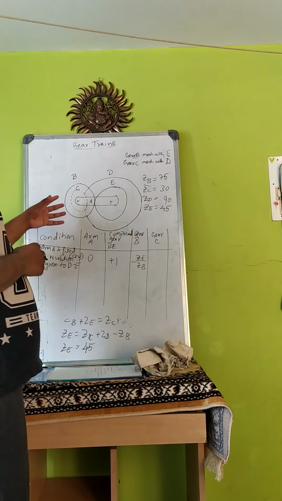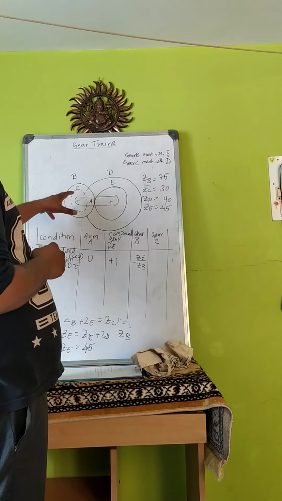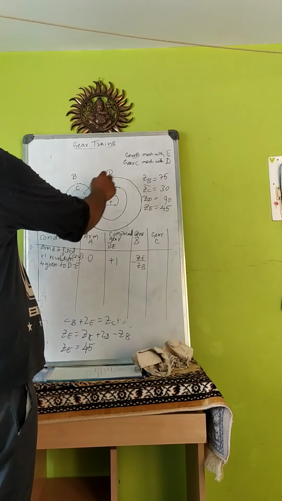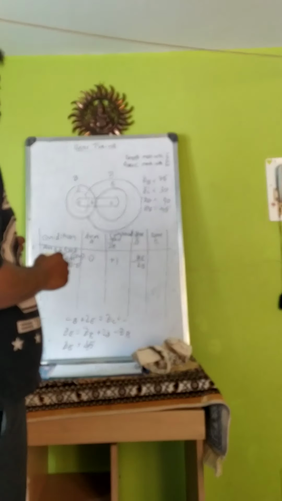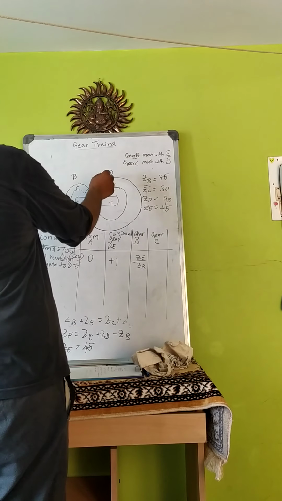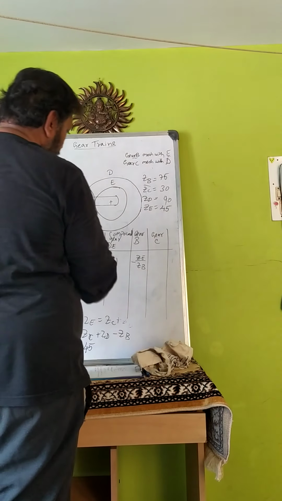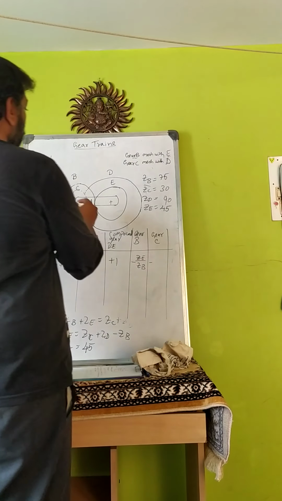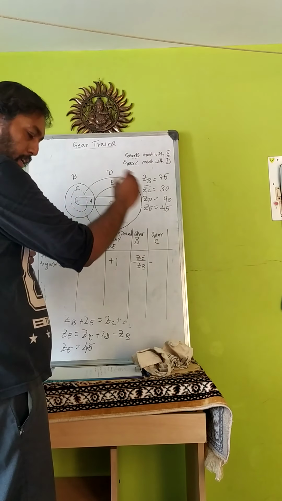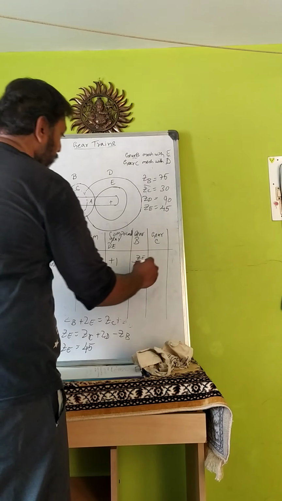Okay, so next is gear C. It is meshing with gear D. Again, because of the rotation of compound gear DE, D is meshed with gear C. Therefore, here also gear C will be rotating in the clockwise direction, so it will be negative.